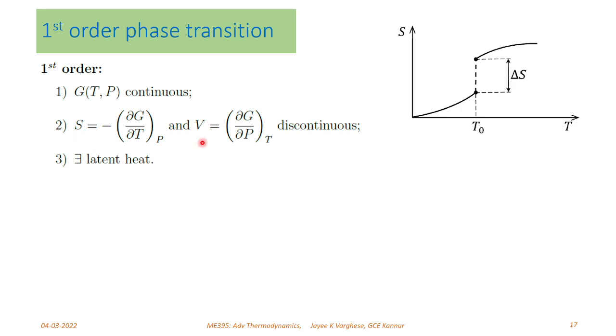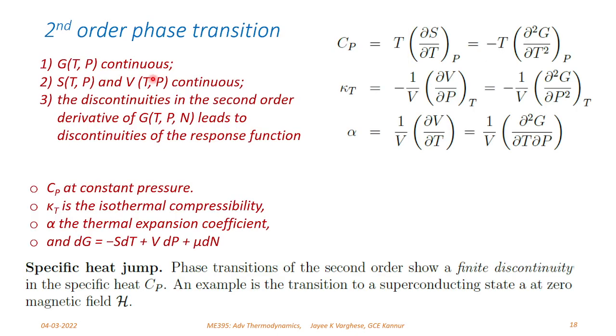But for second order phase transition, we'll see an example later, but we can first have the Ehrenfest condition. The Gibbs function during a second order phase transition will be continuous, and the first order derivative will also be continuous.